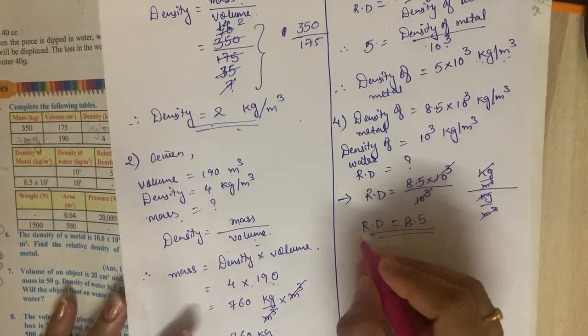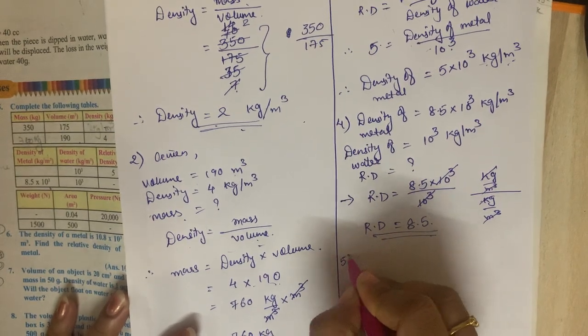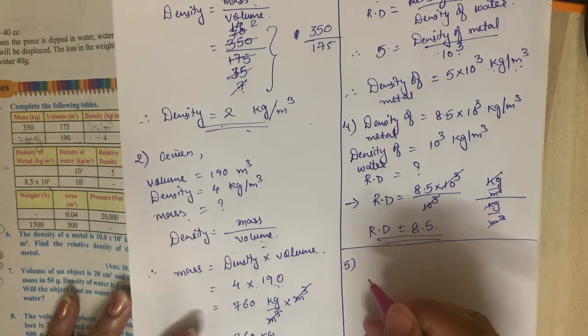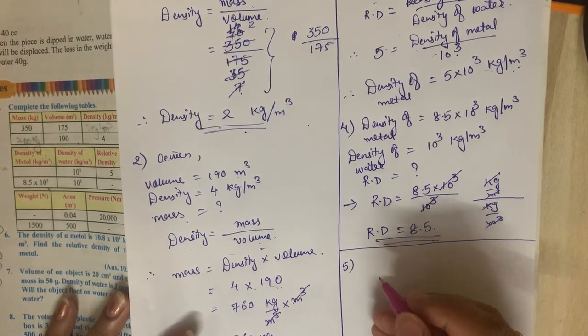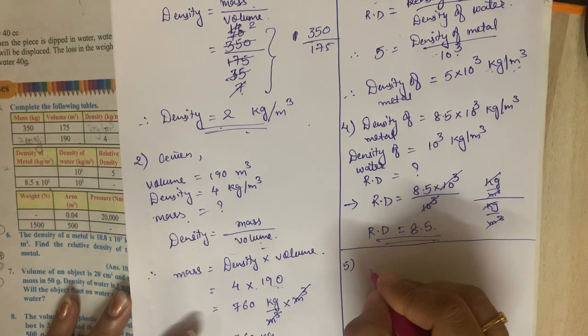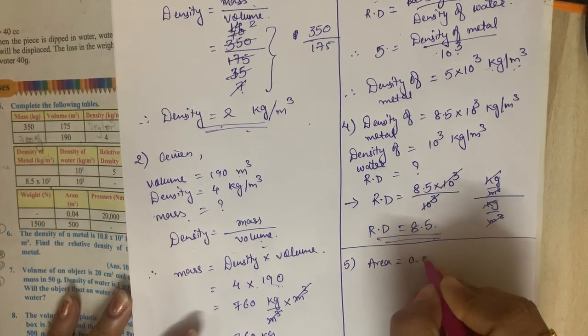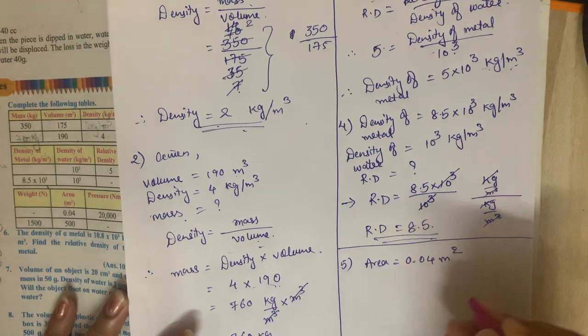I'm giving next the slot. If you see, you can see weight is not given. Okay, just write down the given part. Area is given, that is 0.04 meter square.